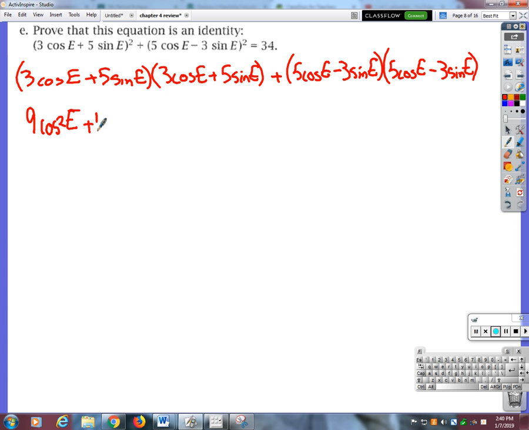So outside is going to be 15 cosine E sine E. What's inside times inside? Same thing. Good. Plus 15. I'll write them in the same order. Hopefully that'll make it easier. And then finally, what's last times last? 25, because we're multiplying.